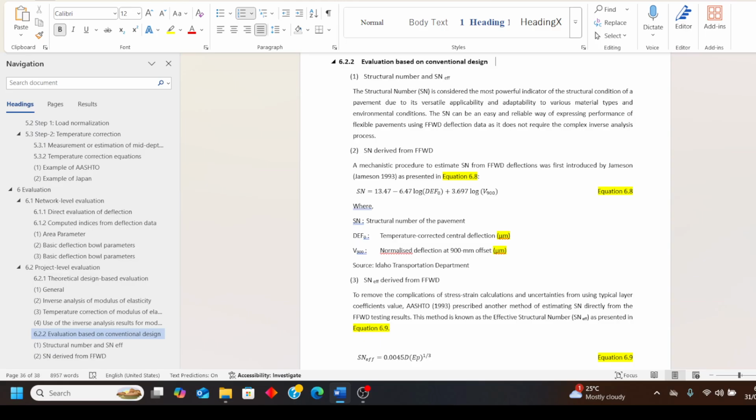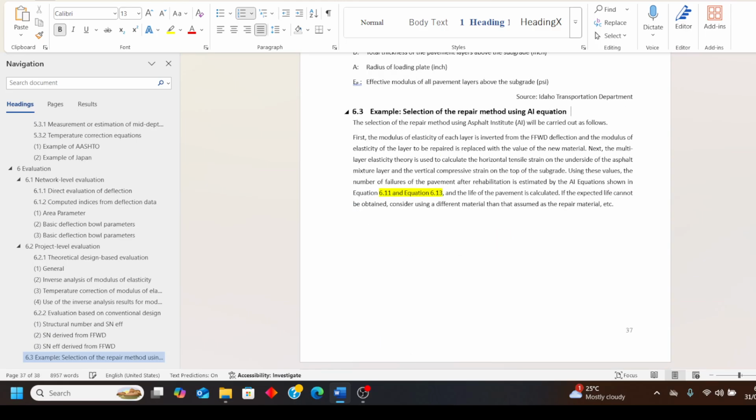That's why there is a separate video you can find on this YouTube channel to understand the back calculation and the analysis of the FFWD deflection data in more detail. So this was the overview of the 6 chapters which are included in this manual.